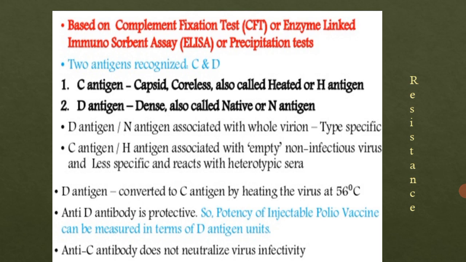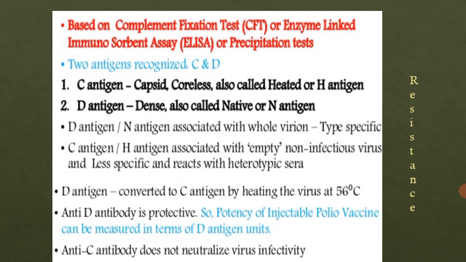Then the C antigen, which can also be called the heated or the H antigen, that is the capsid, core antigen, coreless antigen, and this is associated with the empty non-infectious virus.